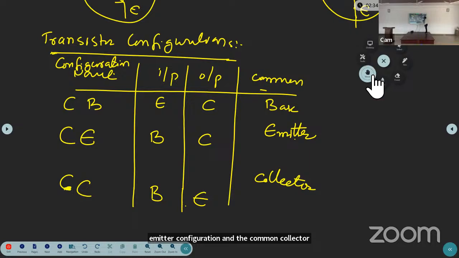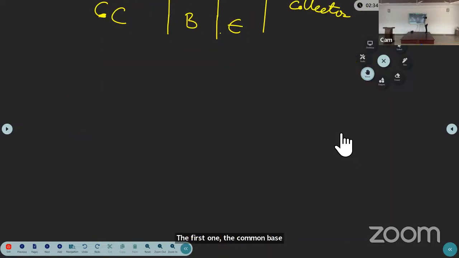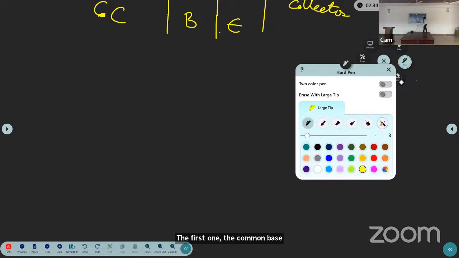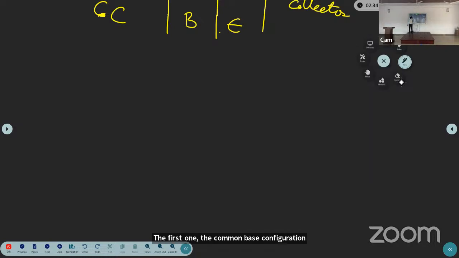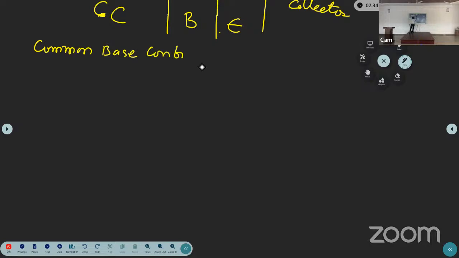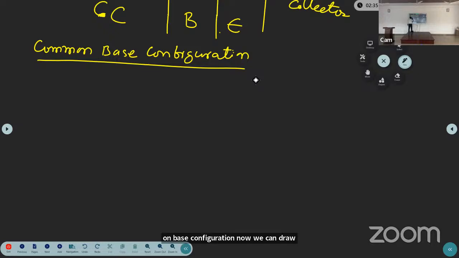The first one is the common base configuration. Now we can draw the transistor symbol in common base configuration.